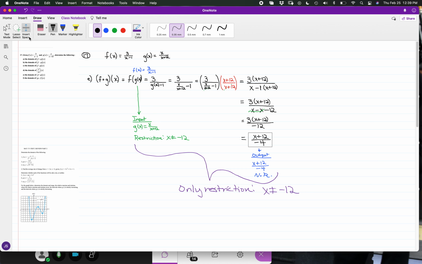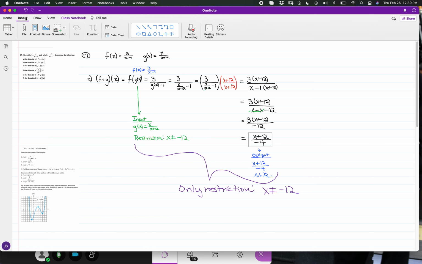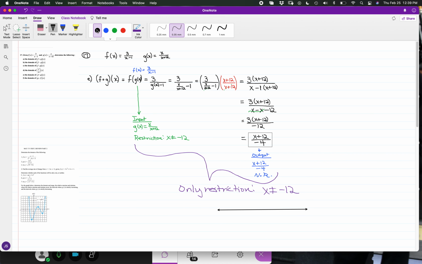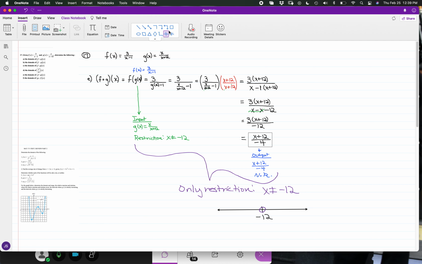And so in the case of the domain, negative 12 is left out. So we have a hole at negative 12, and then we have everything else in the domain.